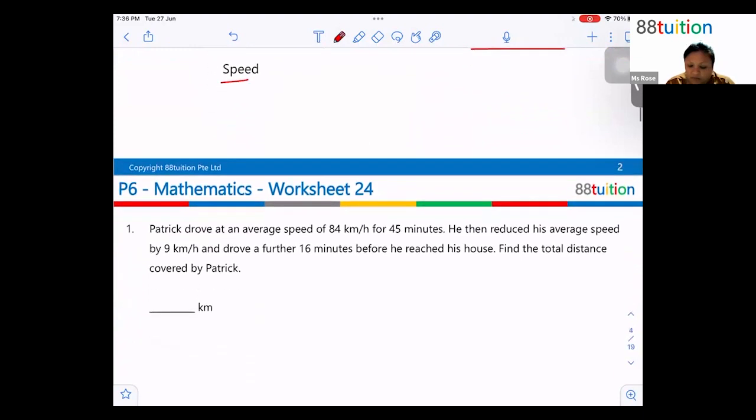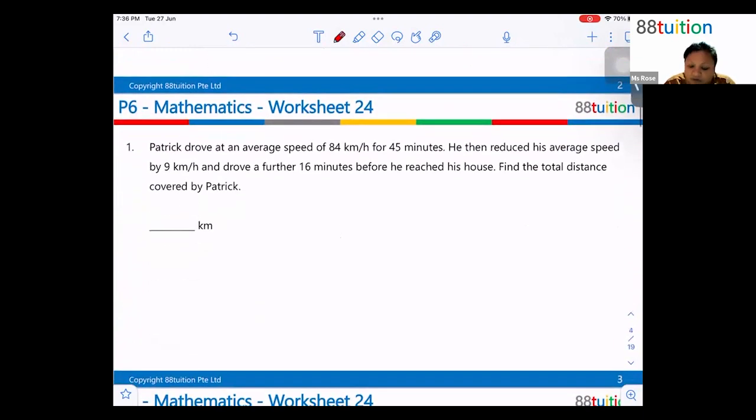Now let's take a look at the first question. For those of you who got it wrong, I would encourage you to draw the distance timeline. So in this case, Patrick drove at an average speed of 84 kilometers per hour for 45 minutes.